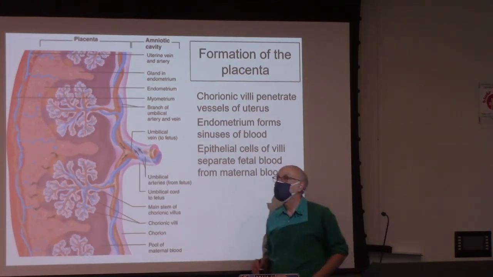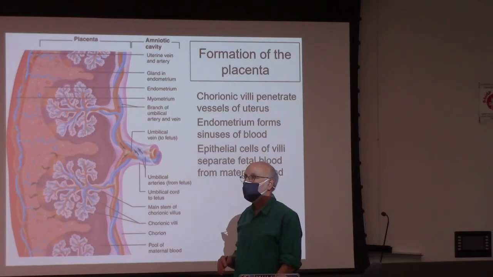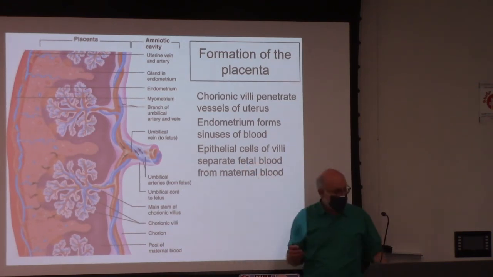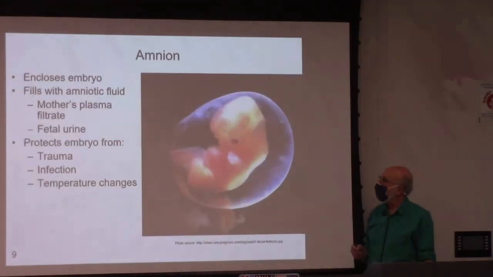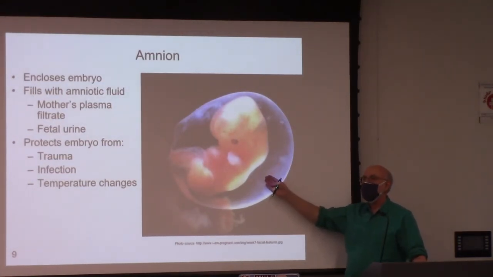Yeah. How early can they do these tests? So let's see. I'm not an expert on this, but my understanding is that amniocentesis can happen after about 15 weeks of pregnancy.